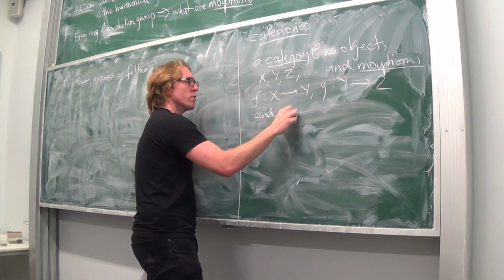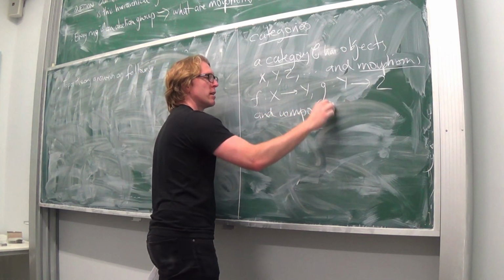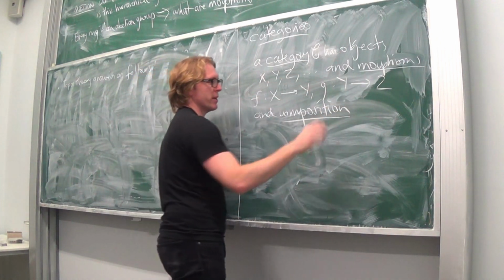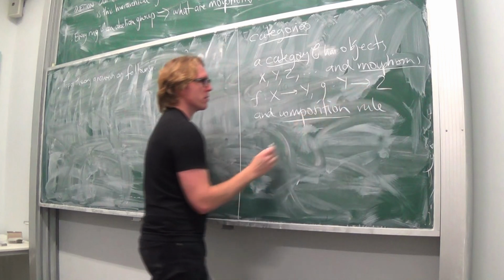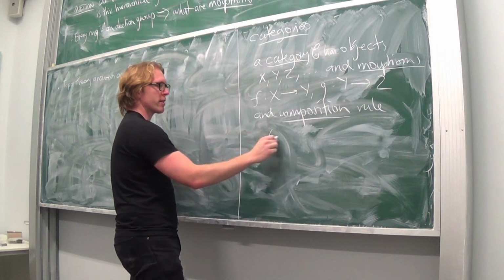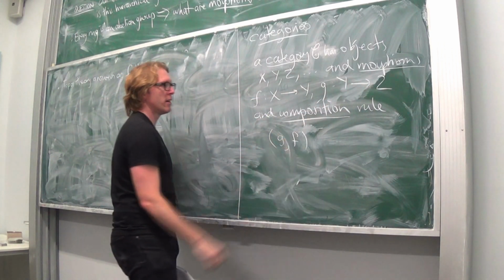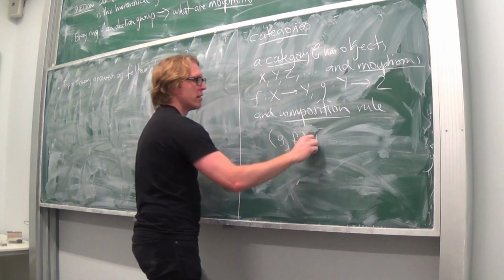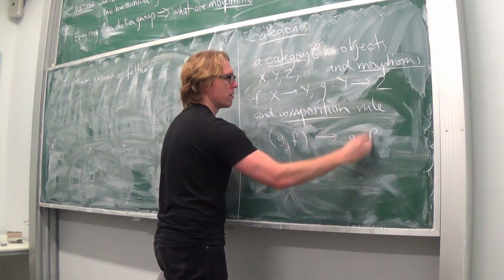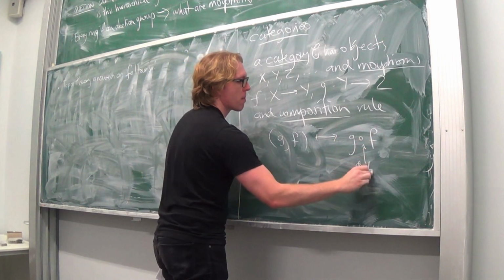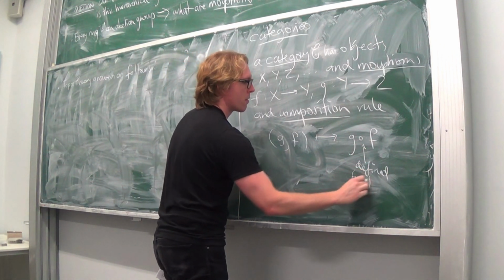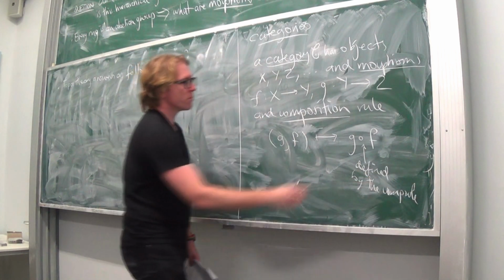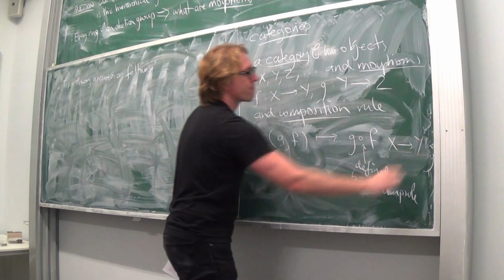So not any two morphisms can be composed. They can be composed if and only if they have the right sort of domain and target for that to make sense. So the composition rule would take a pair that looks like this. So the pair GF, where the domains and codomains match up in this way, and would map it to some new morphism from X to Y.